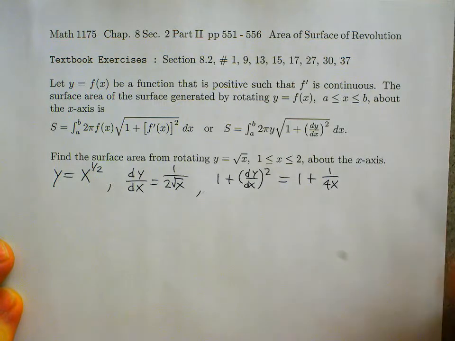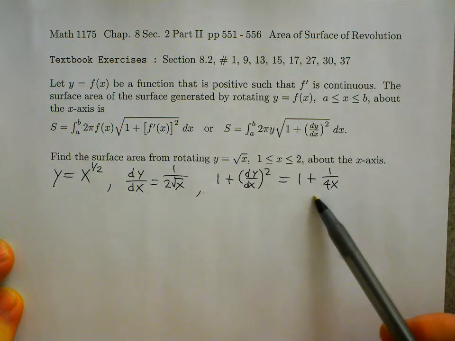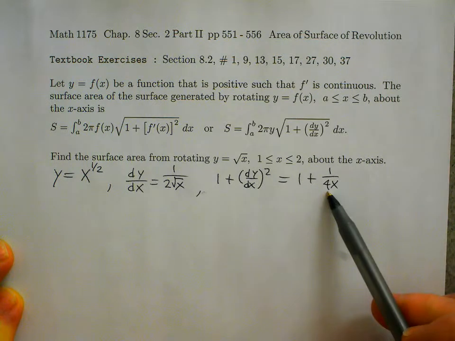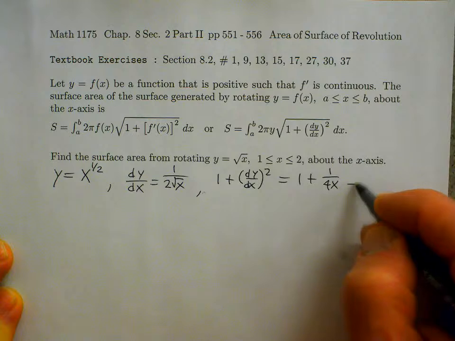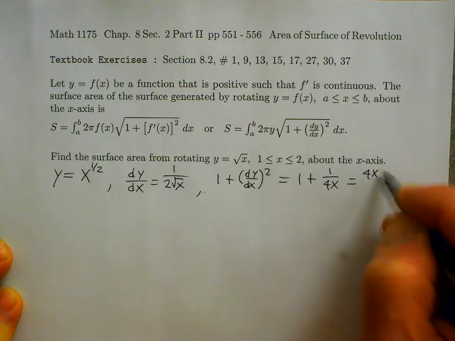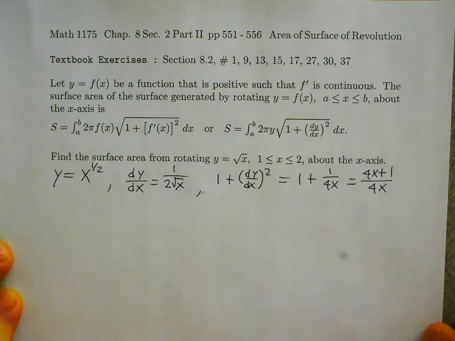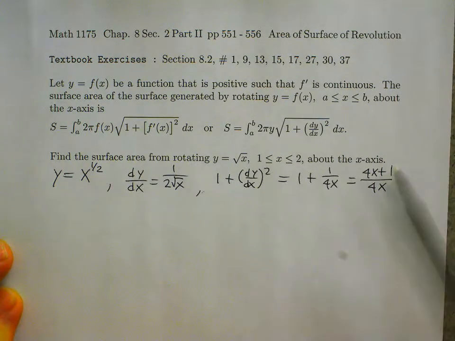And oftentimes it's convenient to write expressions as a single expression instead of a sum or difference. So we have a common denominator of 4x, so we'll write this as 4x plus 1 over 4x. This is the expression that will go inside the square root.